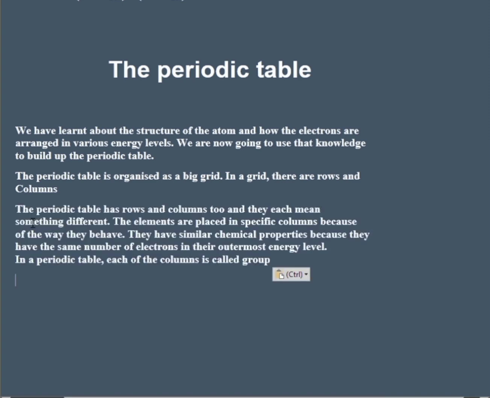So we are saying that the periodic table has rows and columns, and they each mean something different. The elements are placed in specific columns because of the way they behave. They have similar chemical properties because they have the same number of electrons in their outermost energy level.